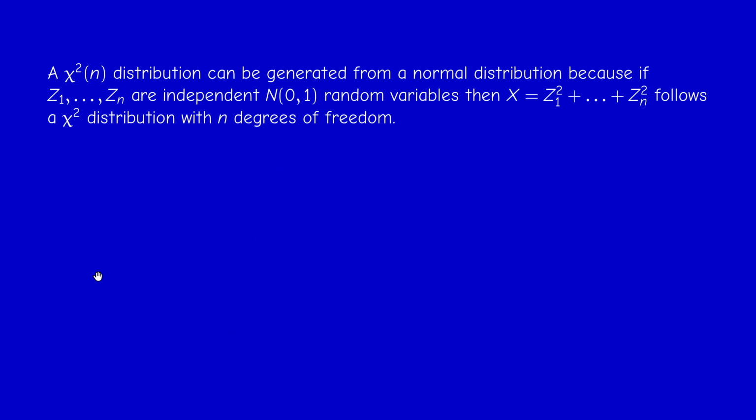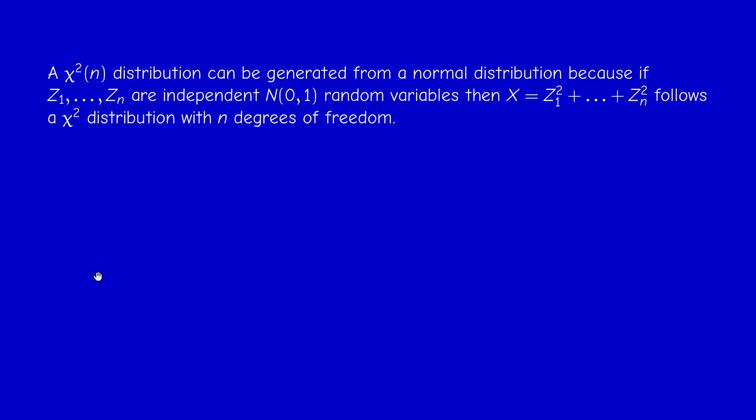And now I will state three distributions related to the normal, which are very important in actuarial sciences. The chi-square distribution with n degrees of freedom. We have two equivalent ways to define this chi-square distribution.